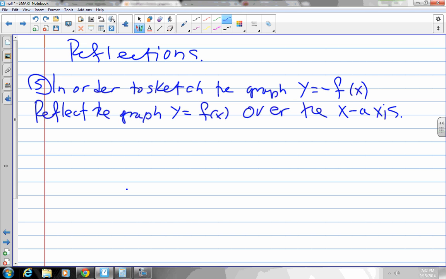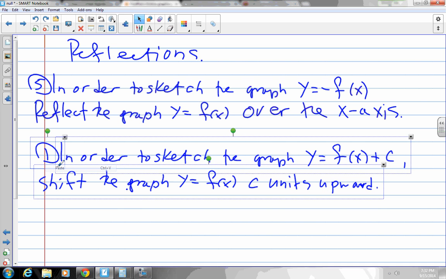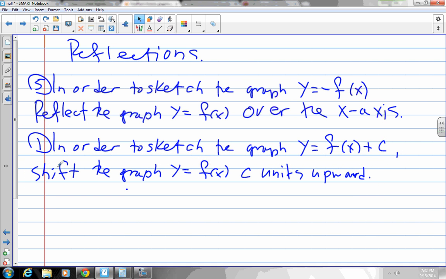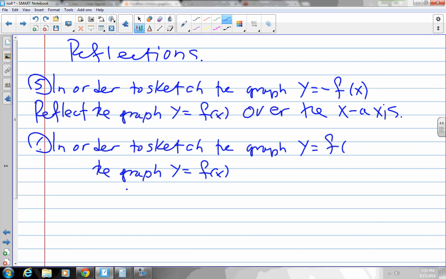So, in the same token, we have the 6th transformation. Now instead of putting a negative on the outside, we're going to put a negative on the inside. So that's number 6, f of negative x.